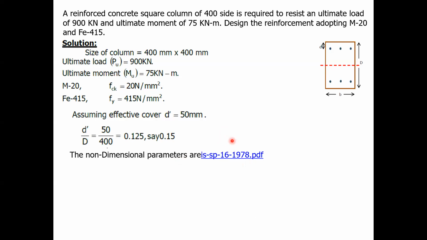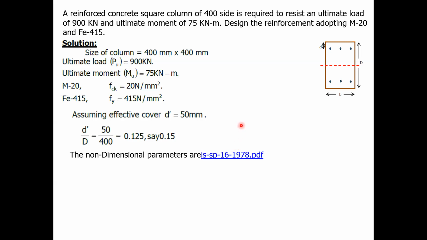Hello, am I audible? Yes, sir. Okay. As per SP16, there is another name for SP16, IS 456 1978. Both are the same. I think this instruction I gave in the previous class, right? Yes, sir. Okay.